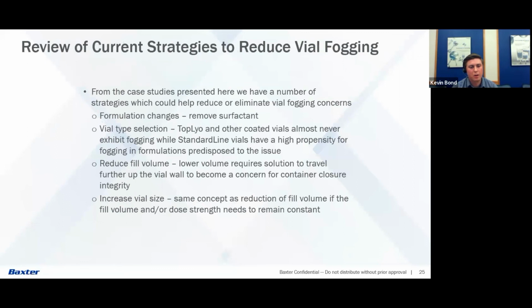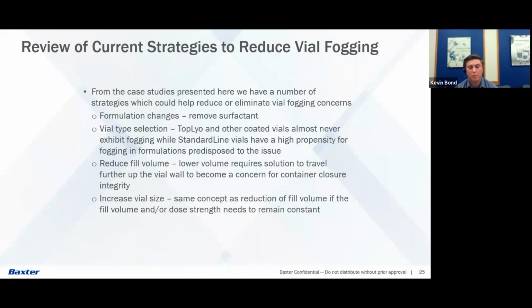So here we can touch on the current strategies that we use to reduce the severity and impact of vial fogging. The first one would obviously be a formulation change, removing a surfactant, but those formulation changes can be difficult based on what your API is, and depending on how advanced your development program is. The next would be vial selection.